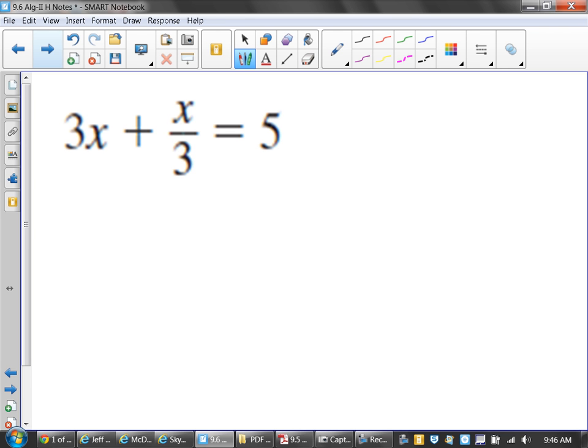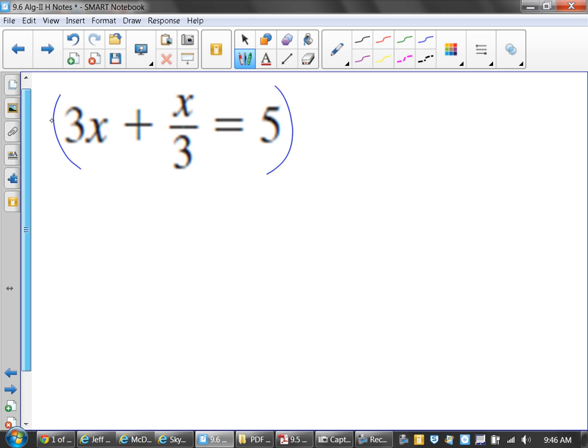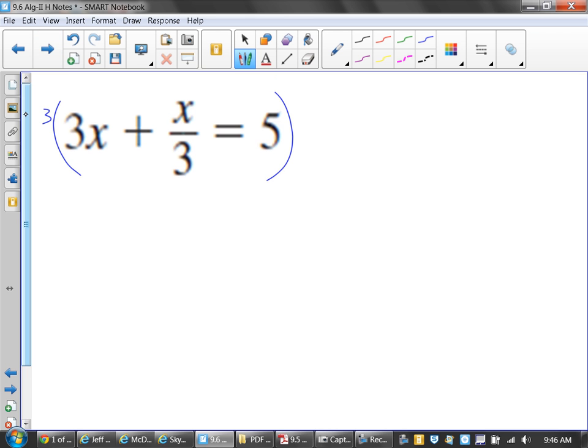I'm going to multiply everything here by 3. When I distribute that 3 to all those parts, I have 3 times 3, I get 9x. I have 3 times x divided by 3 gives me just x. 3 times 5 gives me 15. So far, so good? 9x and x, and you get 3 over 2.